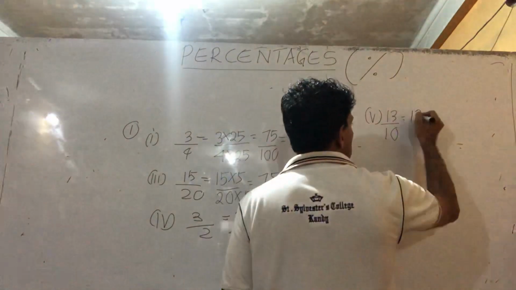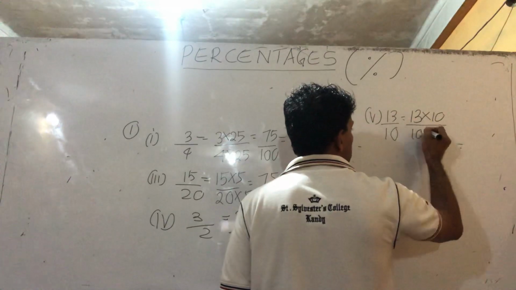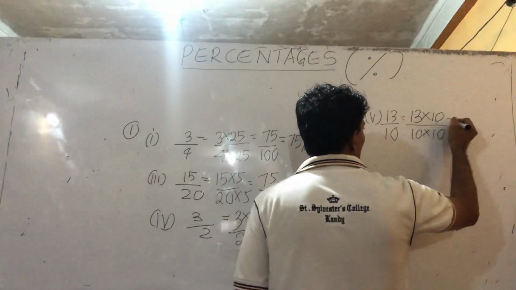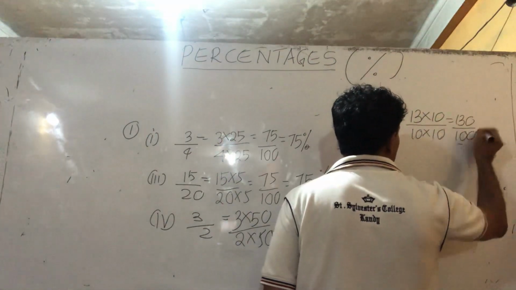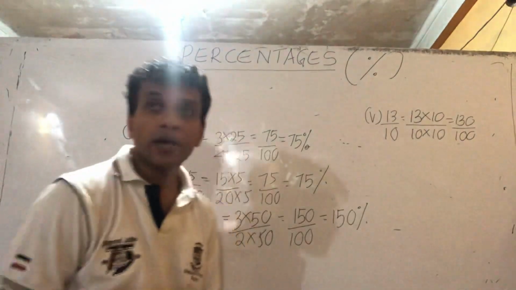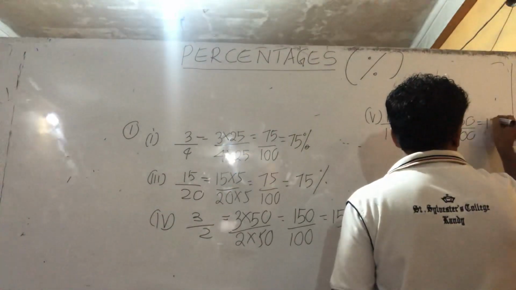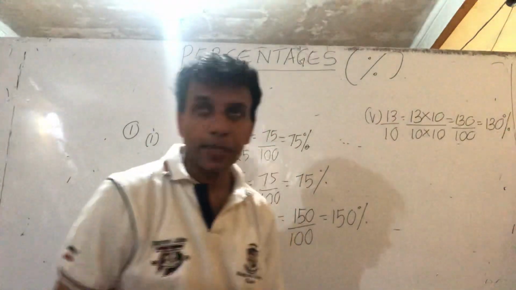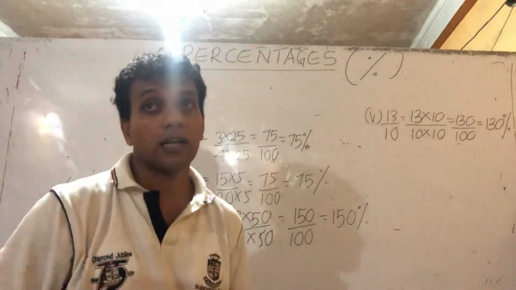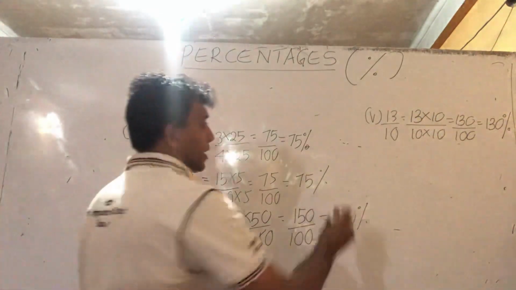Therefore 13 multiply by 10, below 10 multiply by 10. So 130 over 100. Therefore 130 percentage. 130 with the percentage symbol. See, a big number greater than 100, right? Okay, next part.